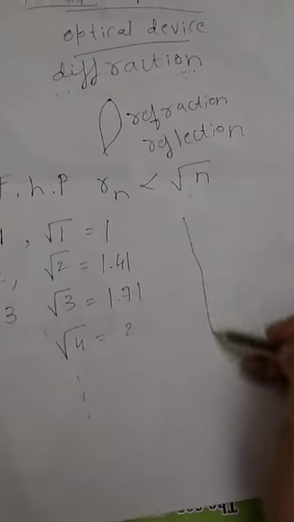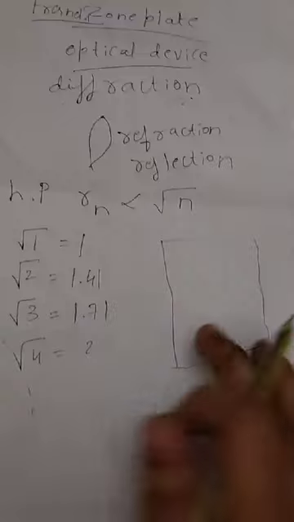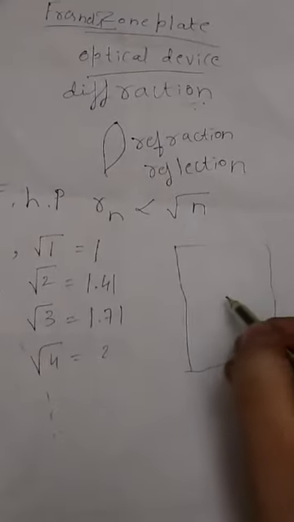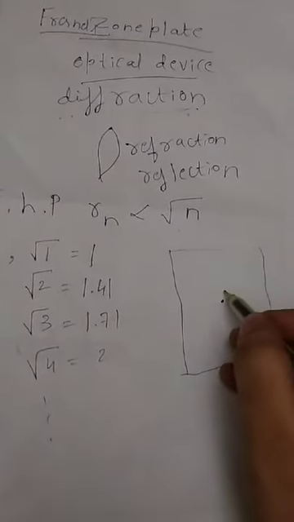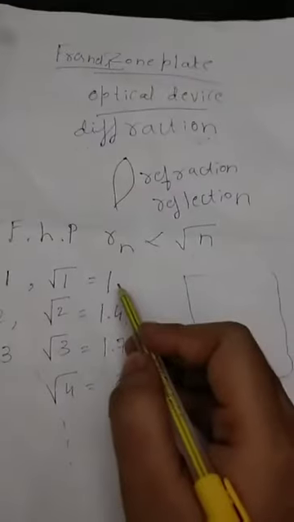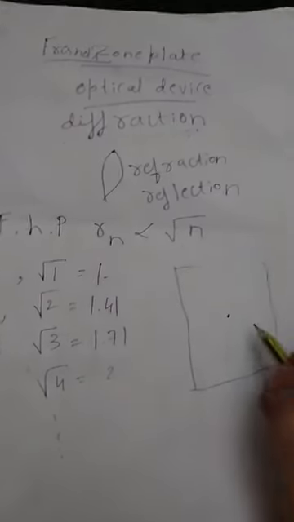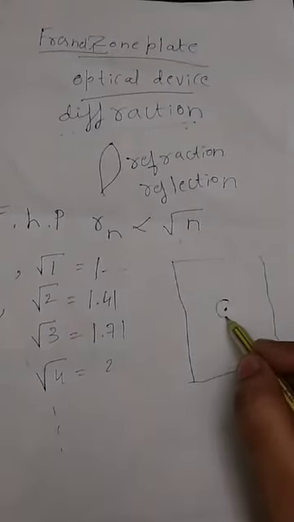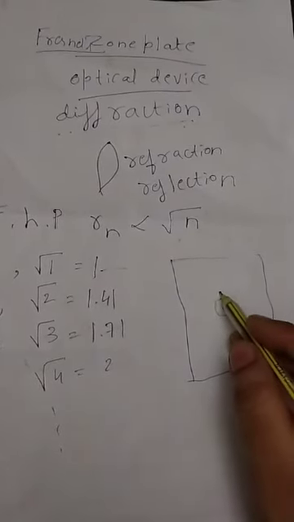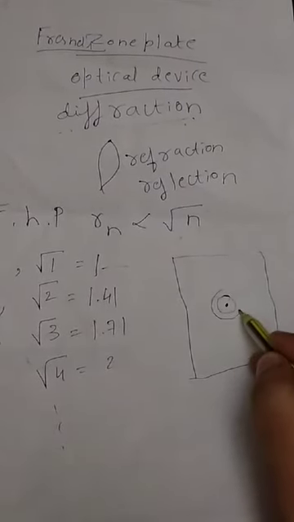How to construct the Fresnel's half period zones? Take a white sheet. On the white sheet, construct concentric circles such that the first circle is of say 1 centimeter, and then the second circle will be 1.41 centimeter.